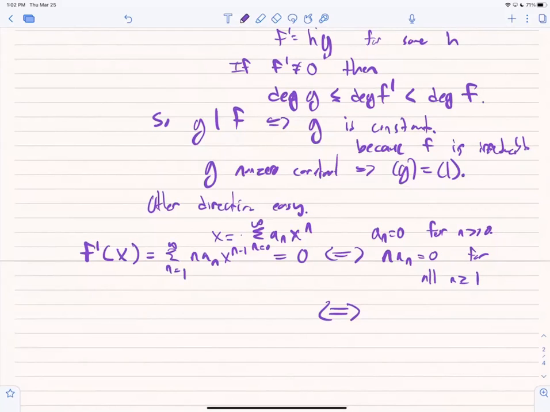So when is n 0? Well, n is 0 only if it's divisible by the characteristic. So this is true if and only if a_n equals 0 for n not divisible by the characteristic p.